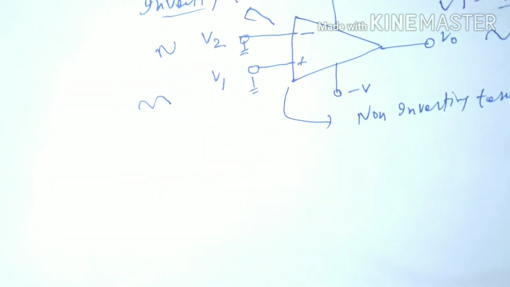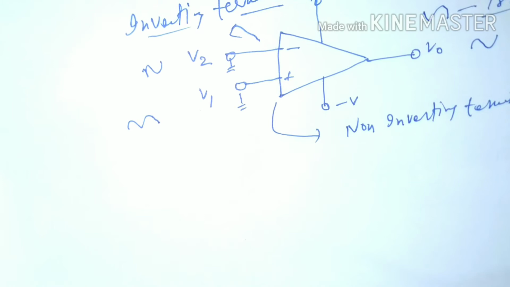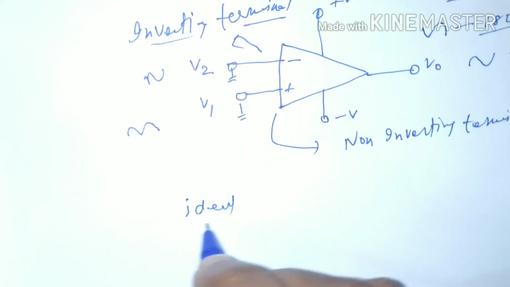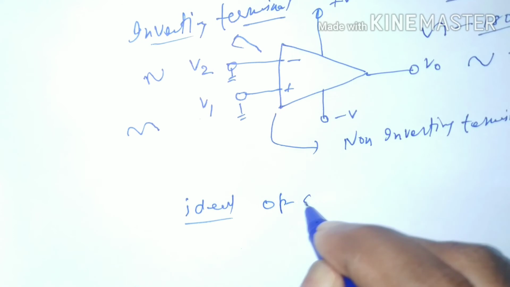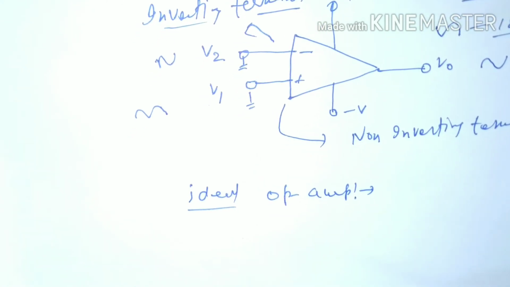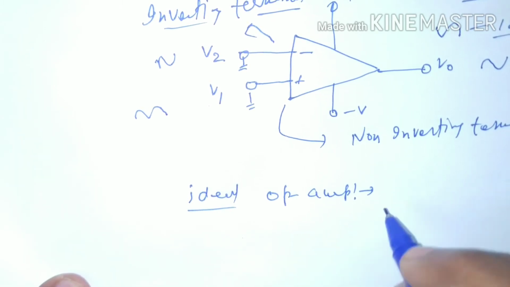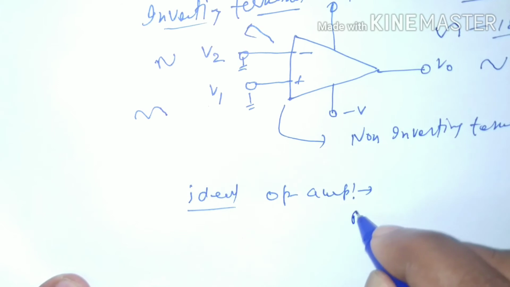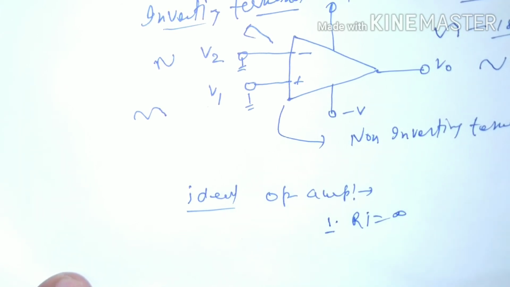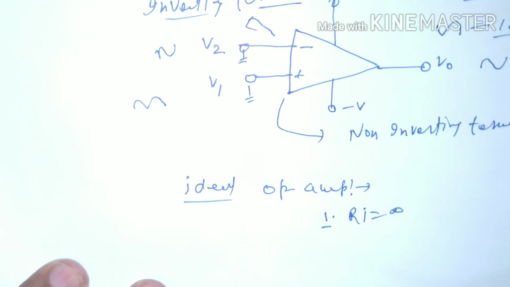So what are the properties of this operational amplifier? An ideal op-amp has some properties. First, it has infinite input impedance. Here the input impedance is infinite.